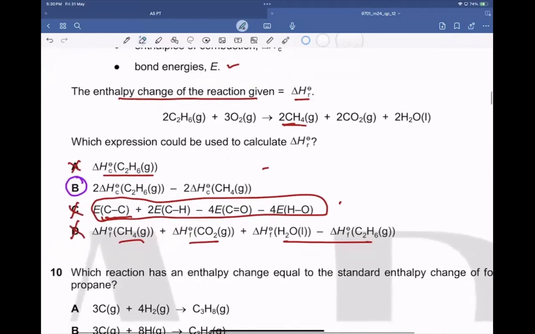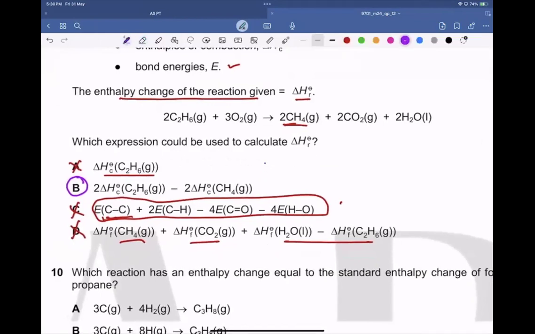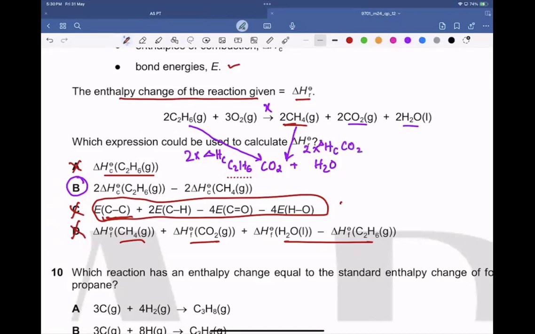They are asking about the combustions, right? So for a combustion, if you see, the combustion products are carbon dioxide and water, right? So if this would combust, there are 2 moles. So enthalpy change of combustion goes to be times 2 of C2H6. And from here, these are the combustion products. So only this is going to be combusted and this is X. So twice the enthalpy change of combustion of carbon dioxide as well. If you see the Hess's cycle, then this is one route and this is the other route, right?